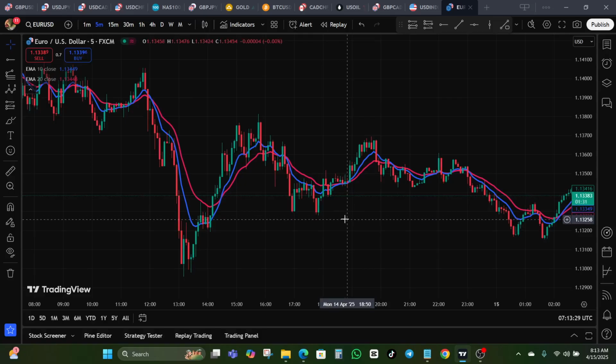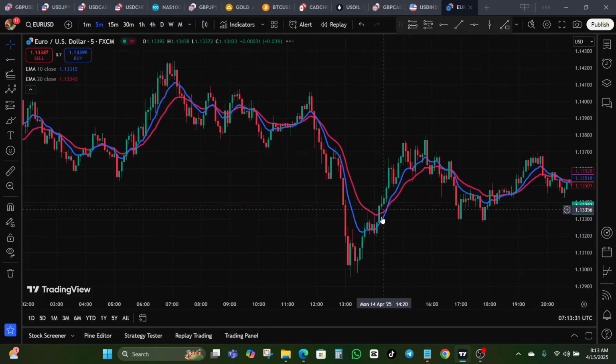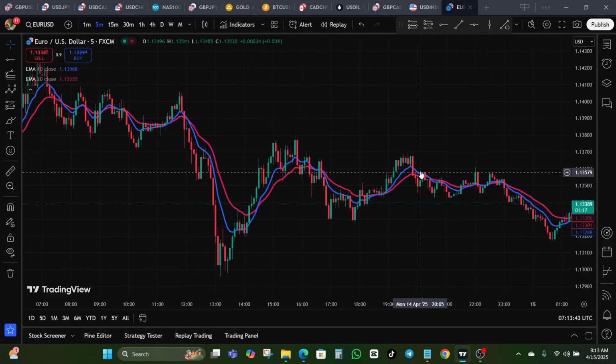When the 10 EMA crosses above the 20 EMA, we are looking at a potential bullish trend, a signal to look for long trades. Then when the 10 EMA crosses below the 20 EMA, we could be entering a bearish phase, a signal to look for shorts.